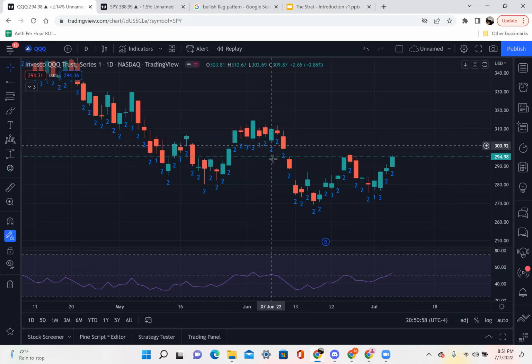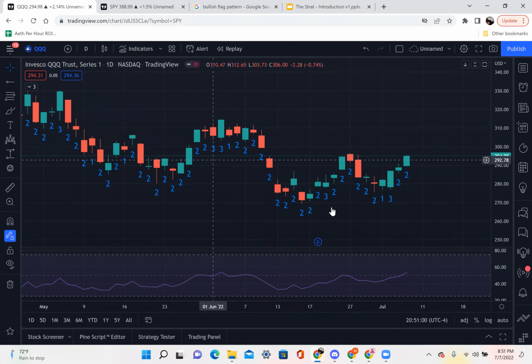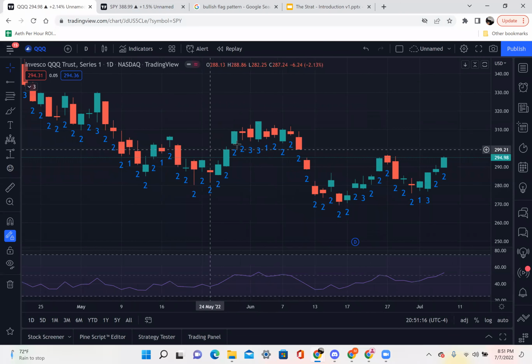You have your 2 down, right? And some of these you can structure how you would like, where you can have your 2 ups on the top of the bar, your 2 downs on the bottom of the bar. Me, I just like everything on the top. I used to have everything on the bottom, but I liked it more on the top. And it's just because I understand the Strat and I don't need it to tell me 2 up and 2 down.